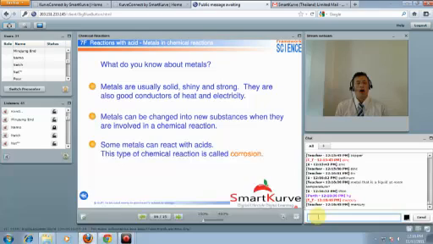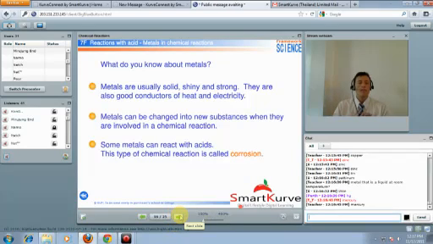All right. So we know that when metals react with acids, this particular type of reaction is called corrosion. Now, I don't want to get into ionic and covalent bonds, so I don't think we really need to worry about that right now.